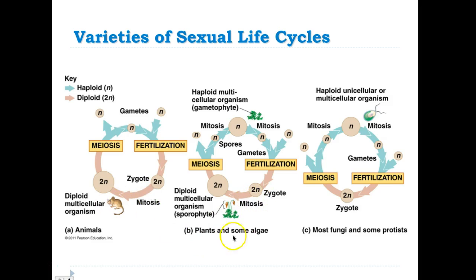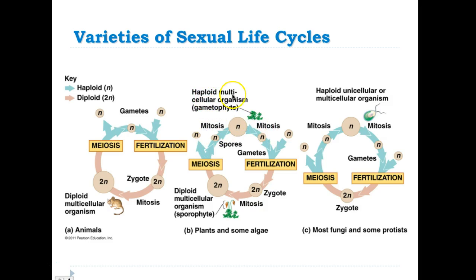In many plants and some algae, you have a diploid multicellular organism, or sporophyte. The sporophyte is going to release spores or pollen or something of that sort to then be haploid in nature. Ultimately, mitosis would occur.